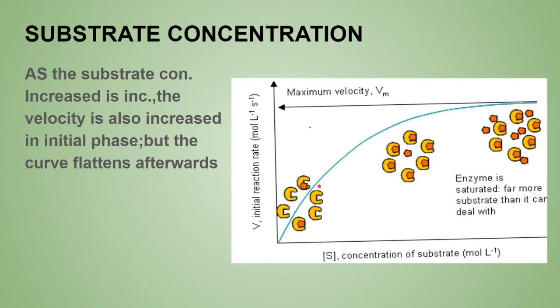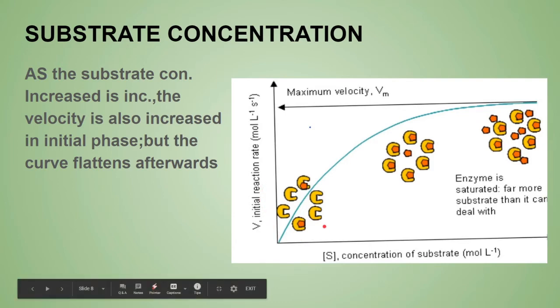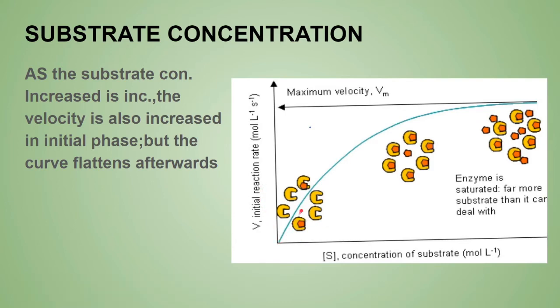When the substrate is less, the reaction is continuously increasing because we have more enzyme and less substrate. As the substrate level increases from one test tube to another, the velocity of the reaction will continuously increase. But after a particular stage, the amount of free enzyme will start reducing while the substrate is increased.